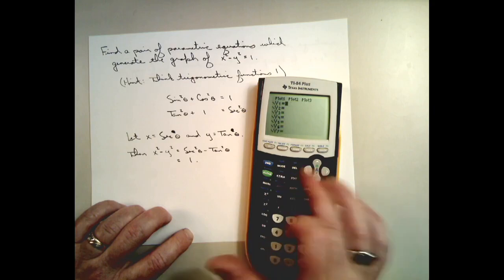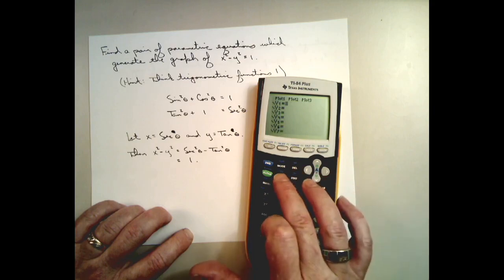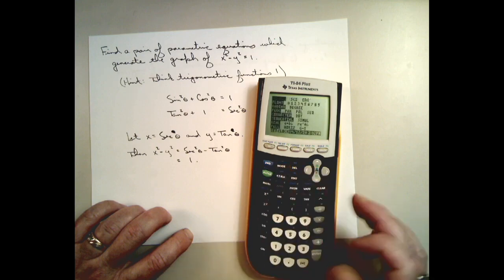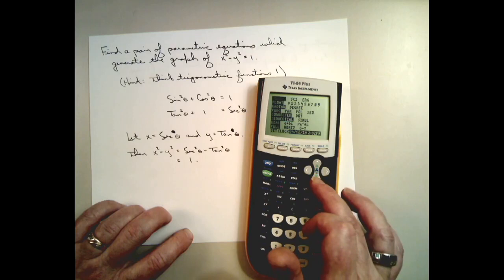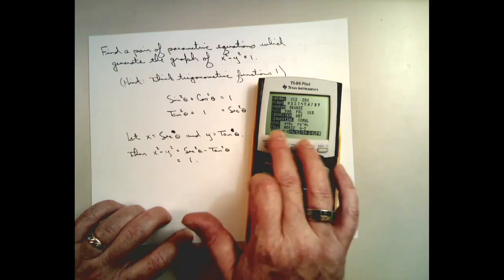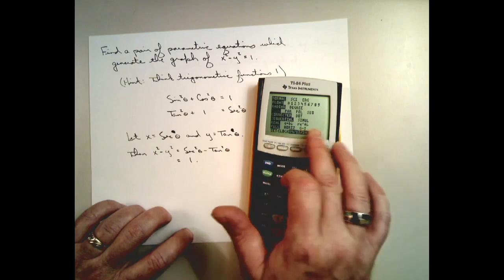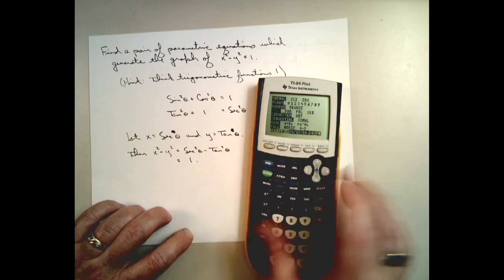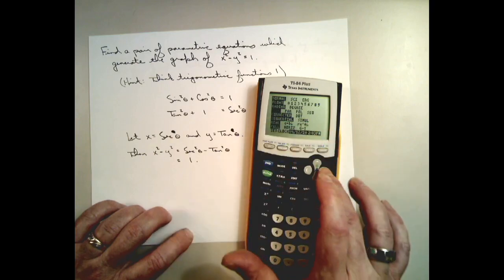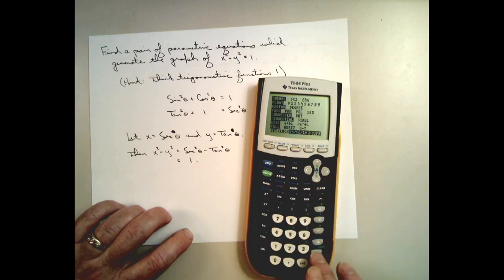But what I want you to do is change the mode. Here's your mode key. Change your mode. Come down until this line where it says func, par, pol, seq. Change it from function notation to parametric notation.